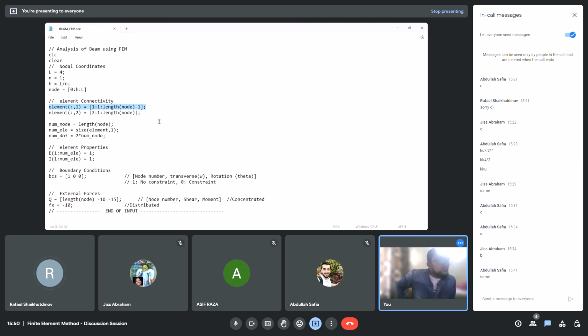Do you have ability to run it? We can use Octave online and run up to this line and see what it gets.